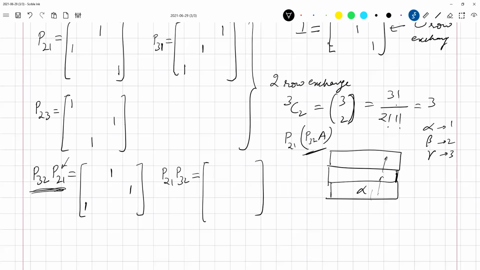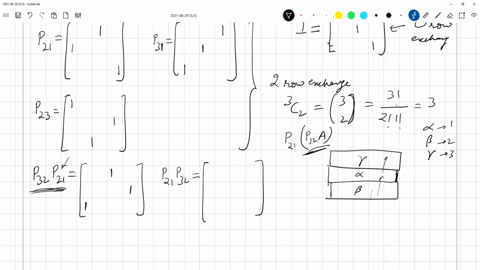Okay, so let us start again. So we have alpha, beta, gamma. Let us do this: P32 into A. What is going to happen? This will become gamma and this will become beta. Is that okay? Yes, sir. Gamma, alpha, beta. What did we do here now?